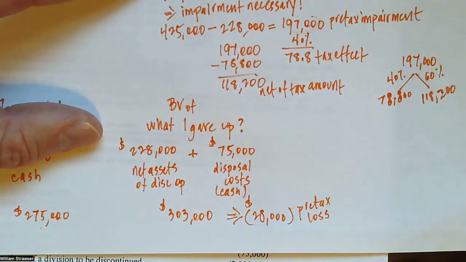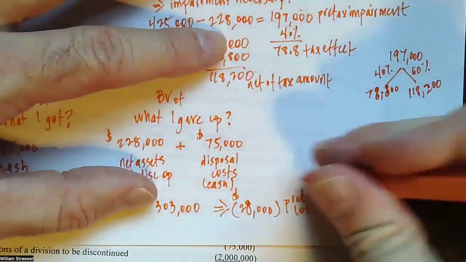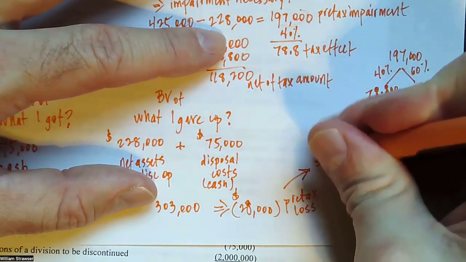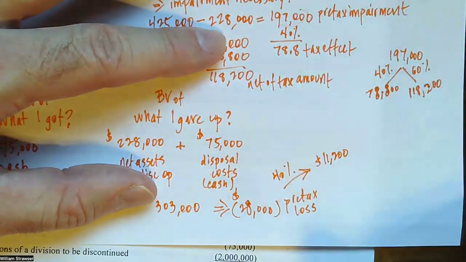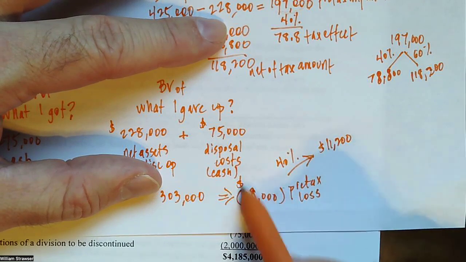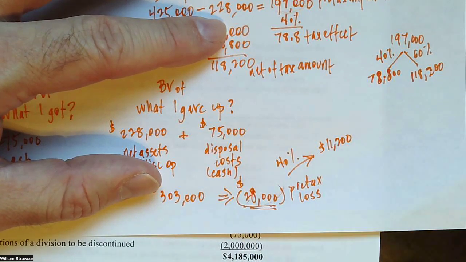So if we were going to go for the net tax amount, right, then we have to strip away 40% of the taxes. The tax effect of the 28,000 would be 11,200. And that is taxes I do not have to pay because I am basically shielding some income with this loss.